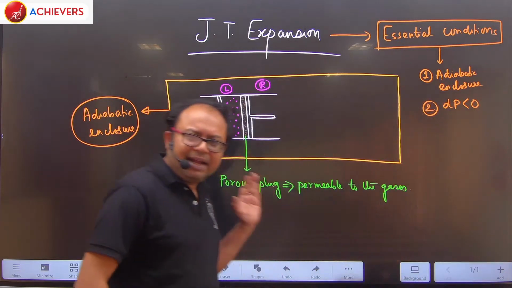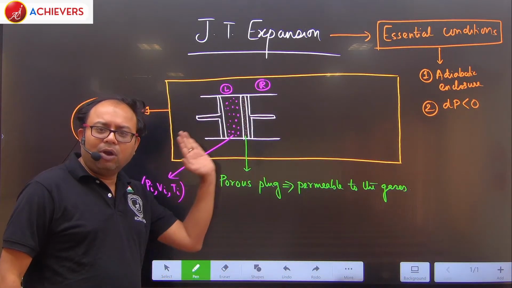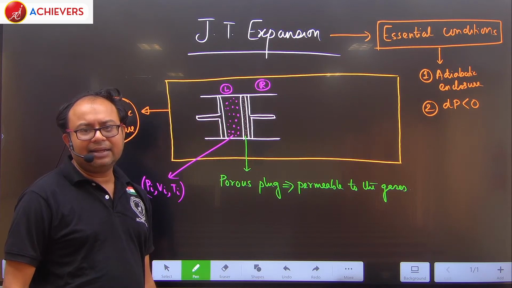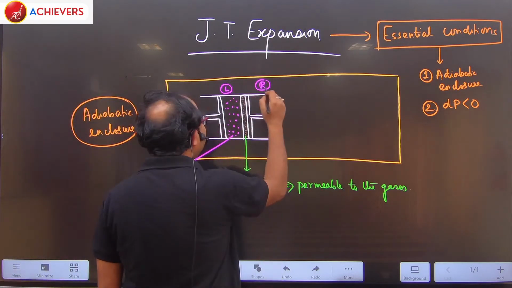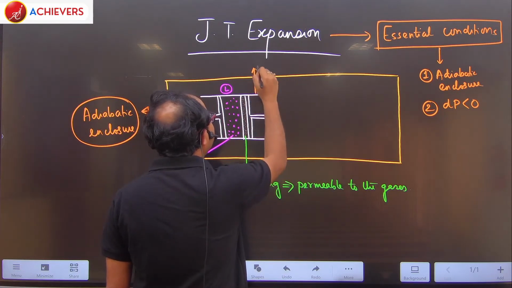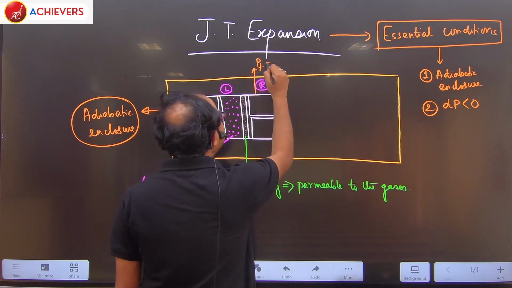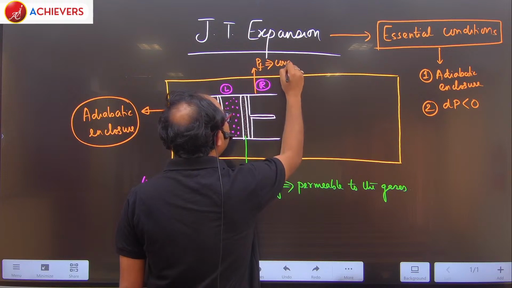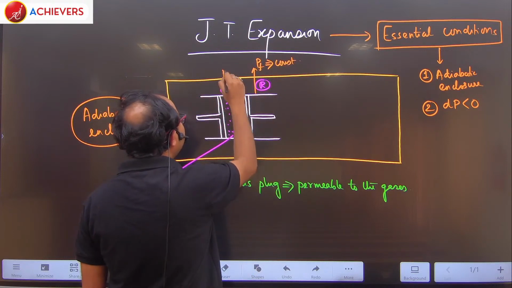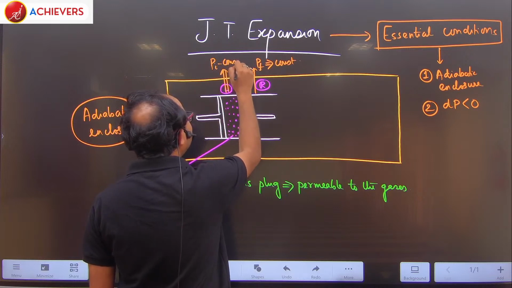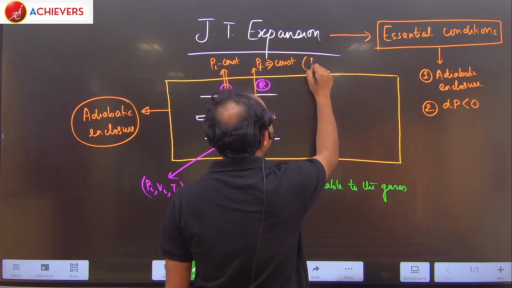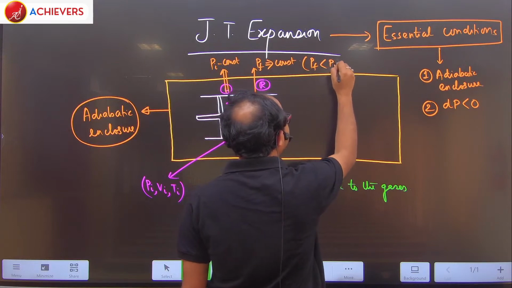In the right hand side, you will maintain a pressure of Pf. This is constant. In the left hand side, you will maintain a pressure of Pi, which is also constant. And Pf should always be lower than Pi.